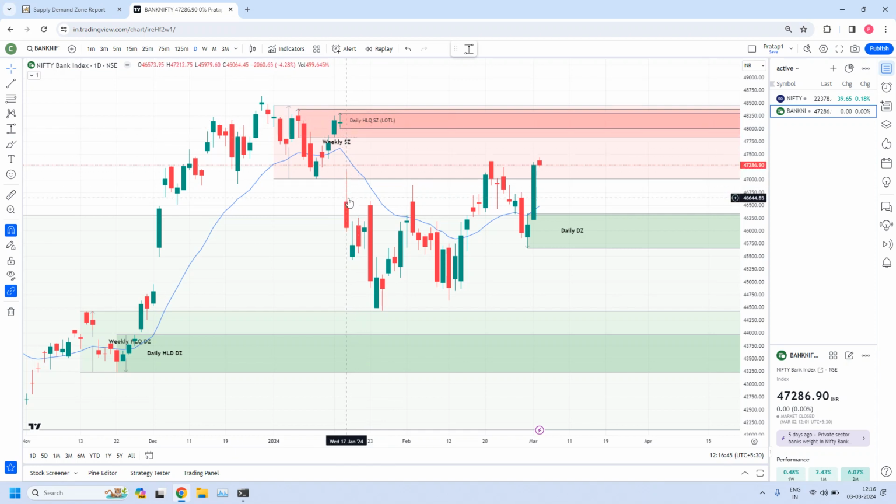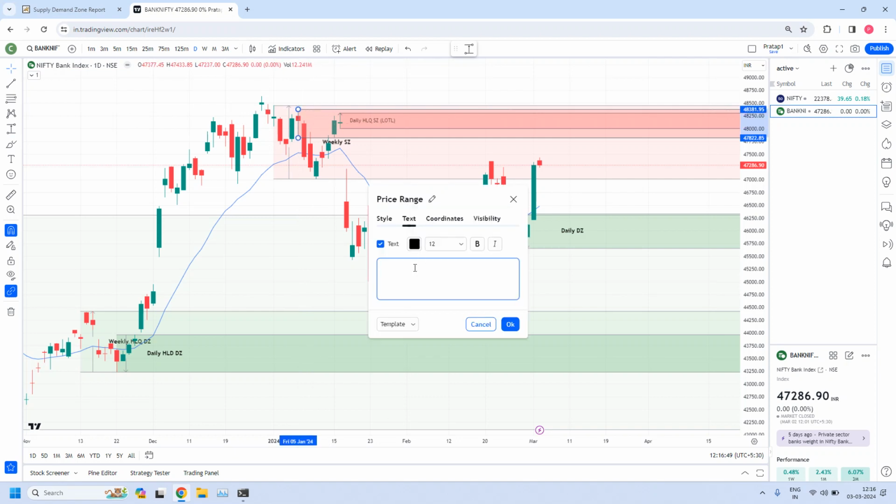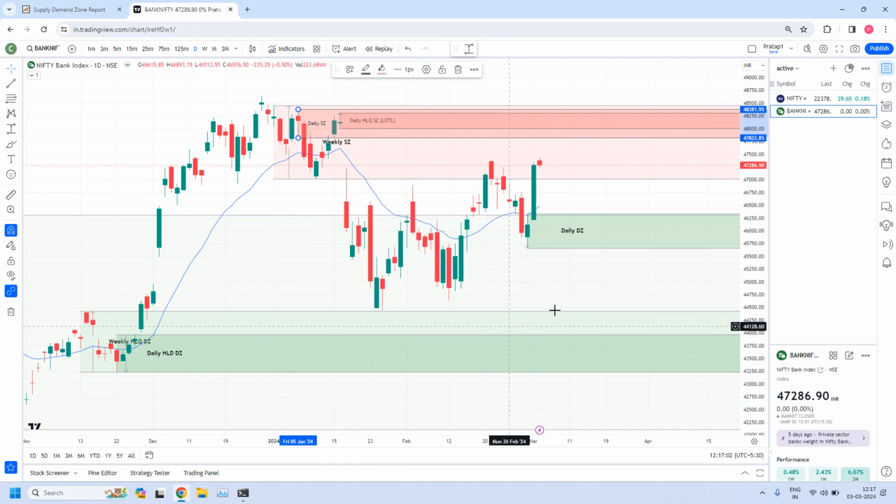And moreover, prices came down. So this is the daily supply zone. So both these zones are supporting now together as LOTL, level on the top of the level.